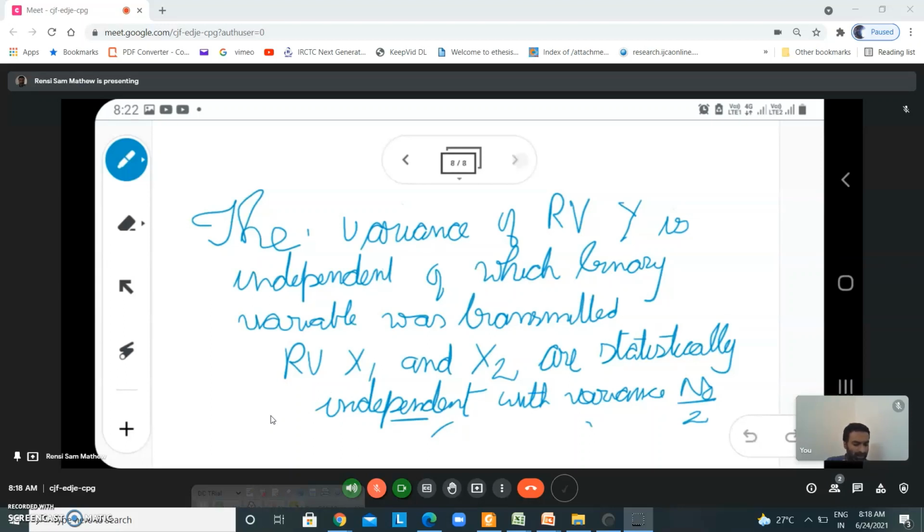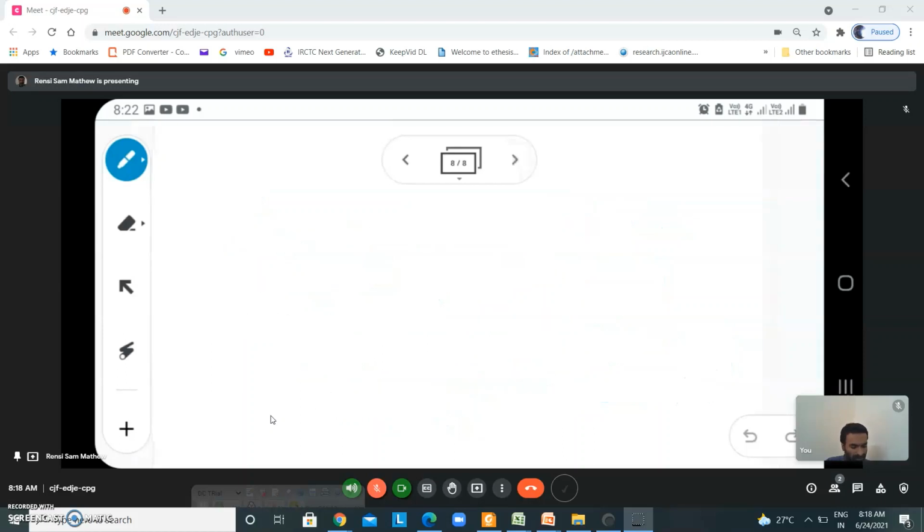There is actually a property you can note, maybe useful for your general knowledge also.